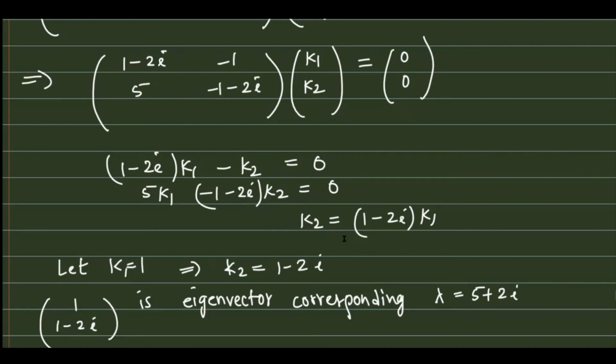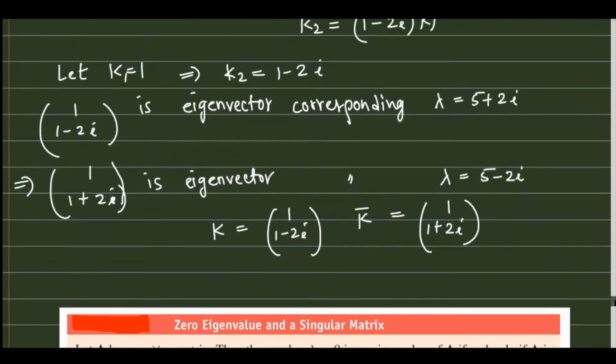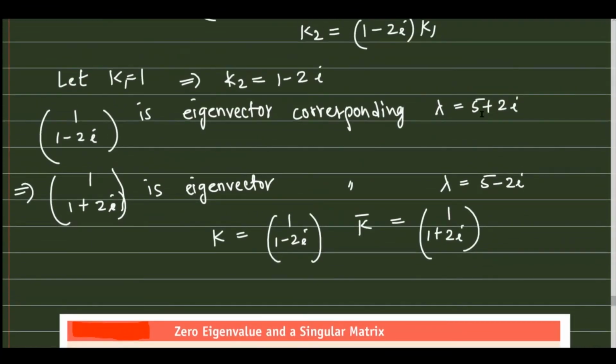From the first equation, k2 equals (1 minus 2i) k1. If we put k1 equal to 1, we see that k2 equals 1 minus 2i. So [1, 1 minus 2i] is an eigenvector corresponding to lambda equal to 5 plus 2i.